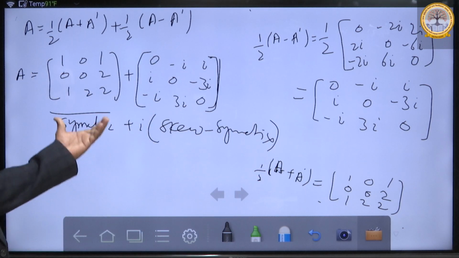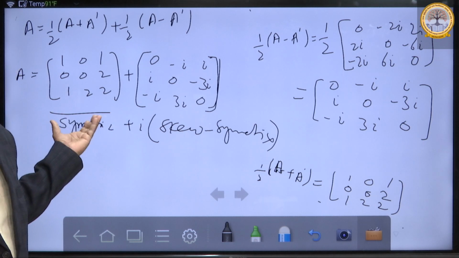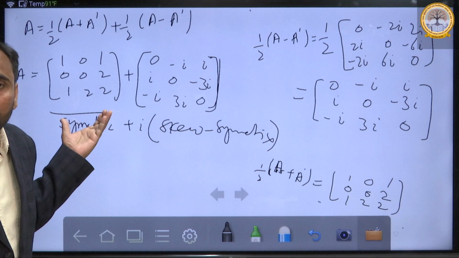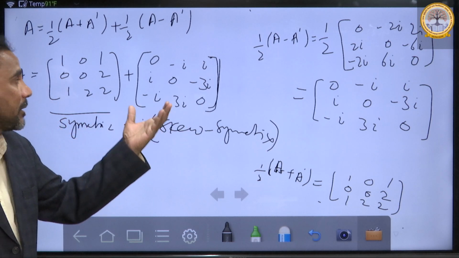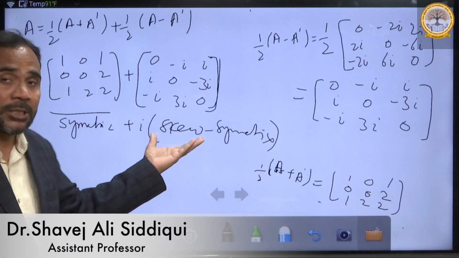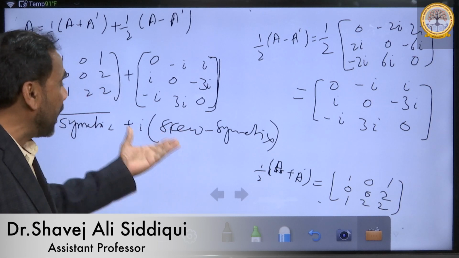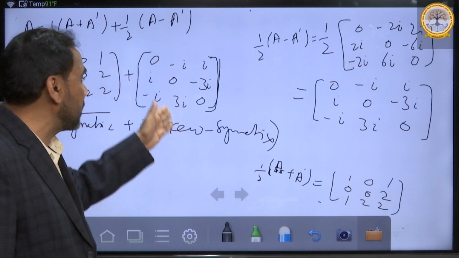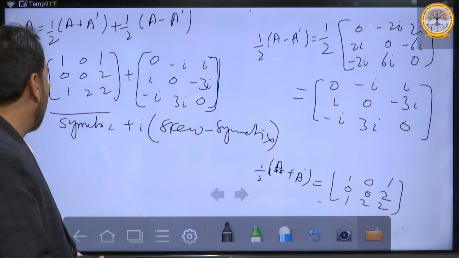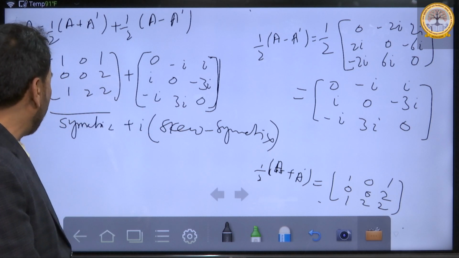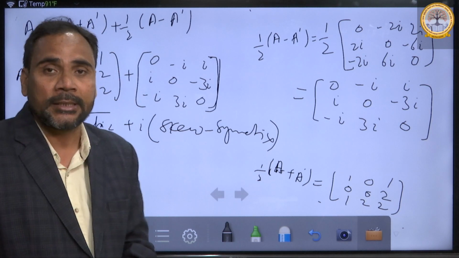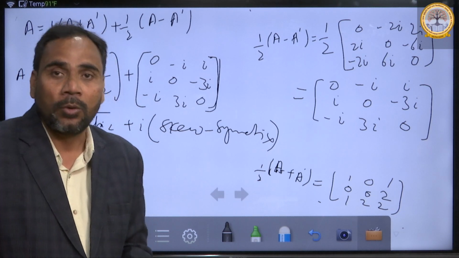We can also check this, because in a symmetric matrix A dash is equal to A, and in a skew symmetric matrix A dash is equal to minus A, and also all the diagonal elements of a skew symmetric matrix are 0. So we see that the given matrix A is expressed as a symmetric matrix and a skew symmetric matrix. Okay, thank you.